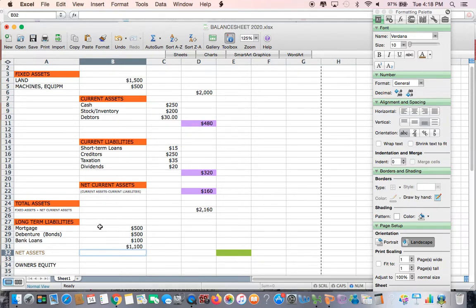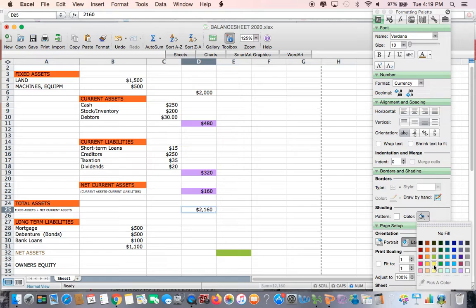So once we figure out this long-term liabilities, we need a number that is called net assets. In net assets, that number is taking your total assets minus your long-term liabilities. Let me mark these so we know.